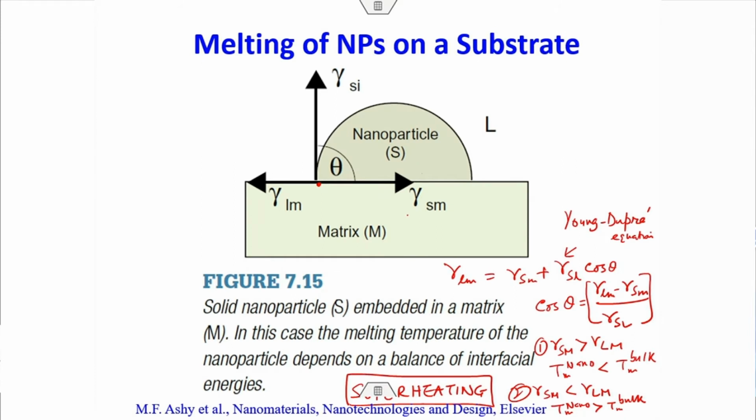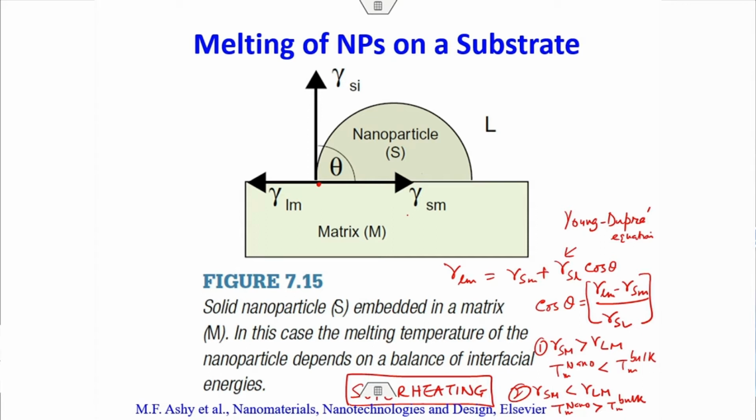Well, that's not always the case. In some cases, nanoparticles may not be free. They will be sitting on a substrate, or they will be embedded in a matrix. In those cases, we need to use the Young-Laplace equation to calculate the angle of wetting.